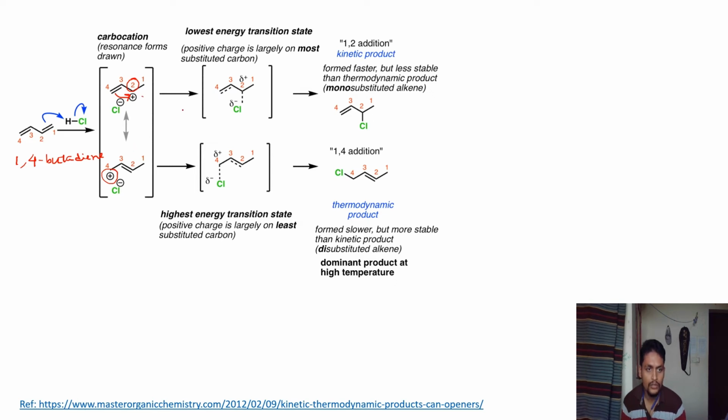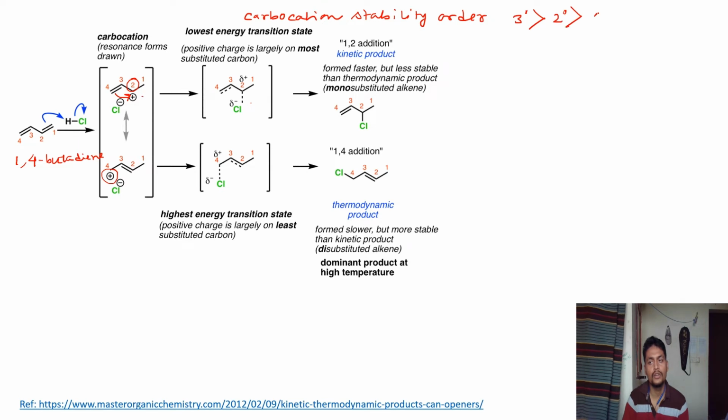So if we think about that, this carbocation is much more stable. So the activation energy, because this is actually your transition state, so the activation energy is lower as this is stable because of this 2 degree carbocation, right? Because we know the carbocation stability order is 3 degree, 2 degree, then 1 degree.